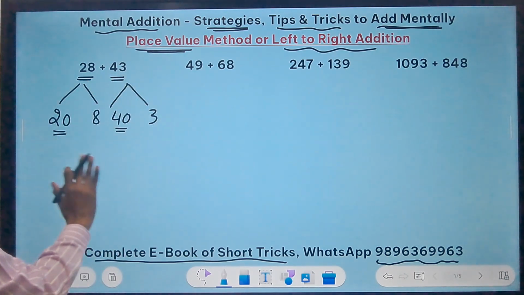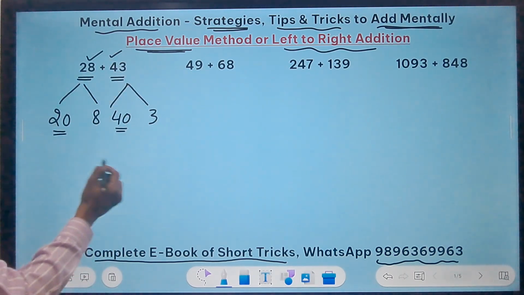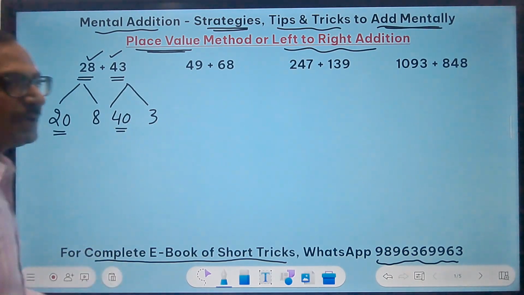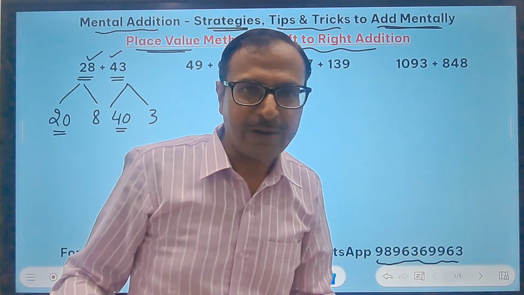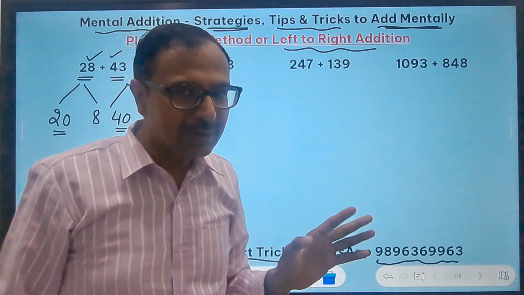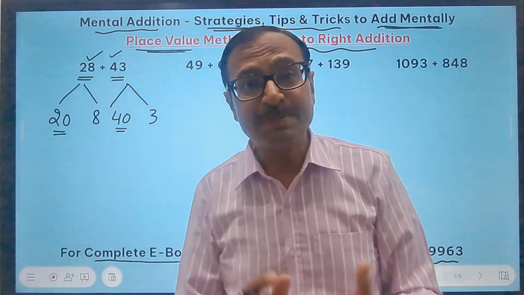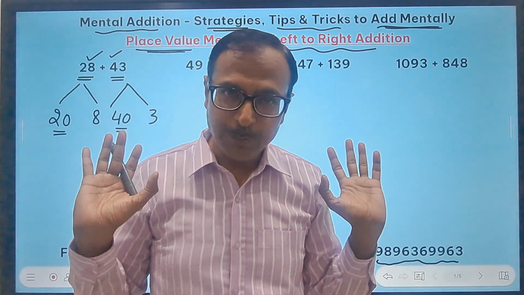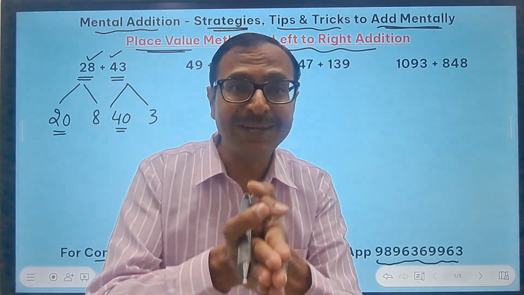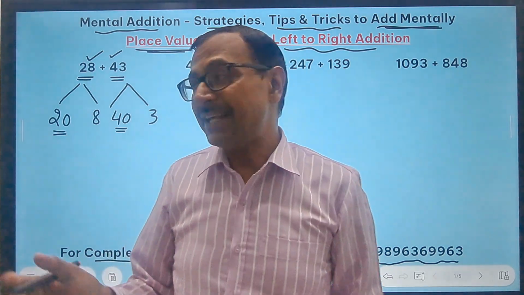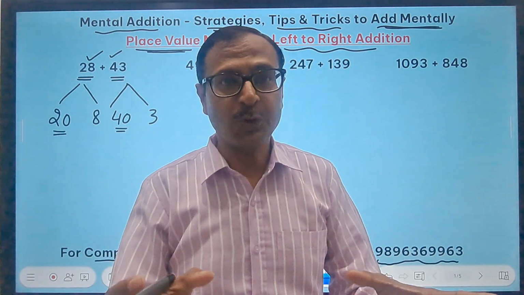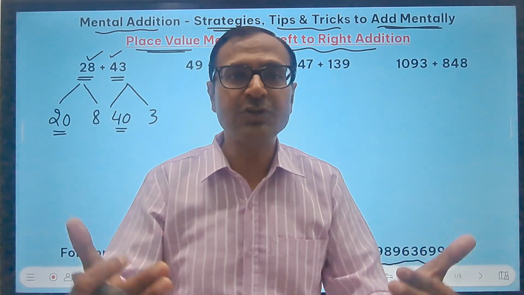Now if you can visualize these 2 numbers like this in the mind. See, let me tell you one more very important thing, friends, before I forget. All things which I am writing here, this is mental maths. I am using the board to tell you how to think. Okay, it doesn't mean that you have to write all these things in the notebook. Okay, this is what your mind should process.